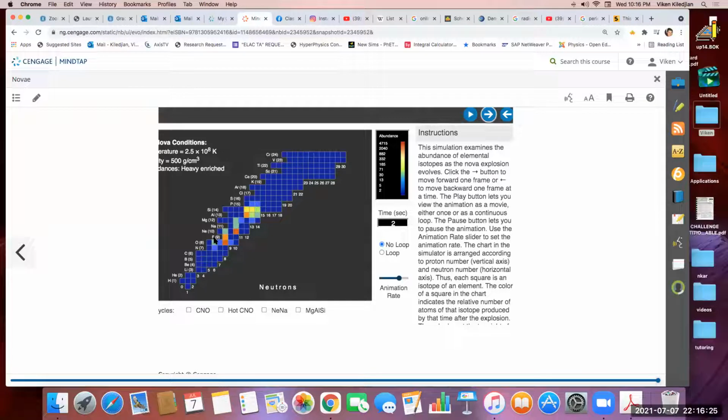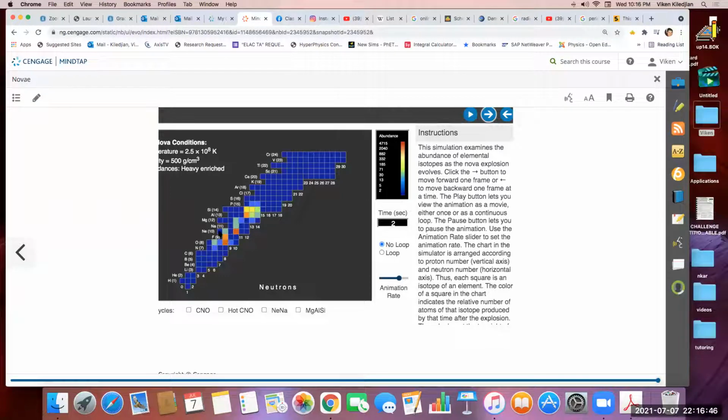F is fluorine, and this isotope has already been made. Now look at the abundance. The red one is the most abundant. That means this first isotope of fluorine has been made in abundance in that explosion.